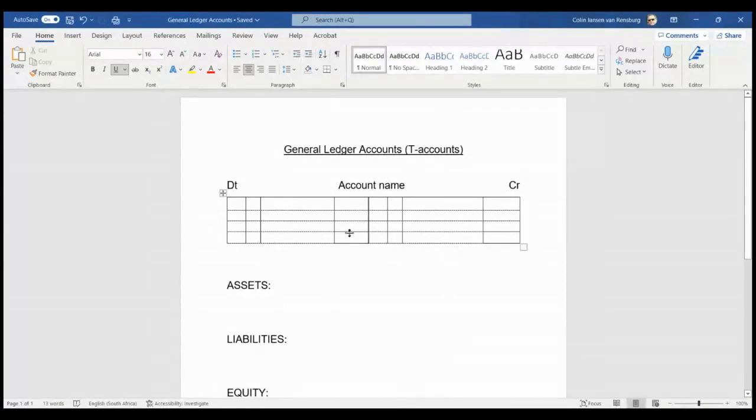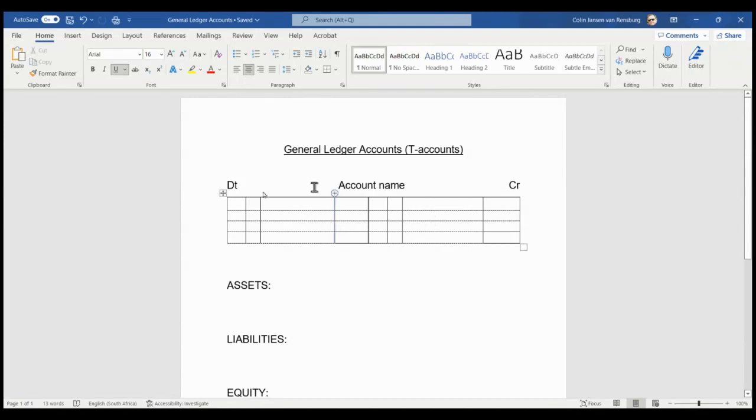Sometimes you may get slightly more complicated entries where you might have more than one debit or more than one credit, but the principle remains the same. Your total of the debits for that entry must add up to the same amount as the total of the credits of that entry. Right.